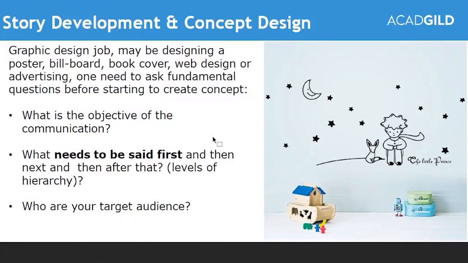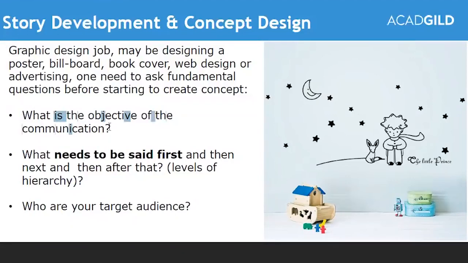The first part of story development: whenever we start creating or implementing anything, we think about three different things. First, what is the objective of communication? While creating any graphics or design, we need to think about the objective of communication and where it is going to be published.